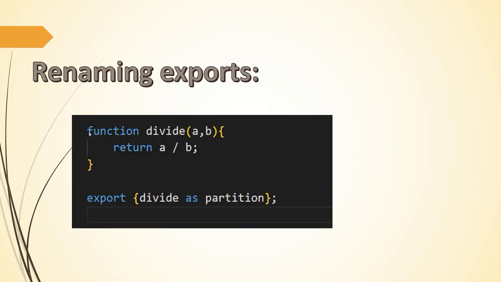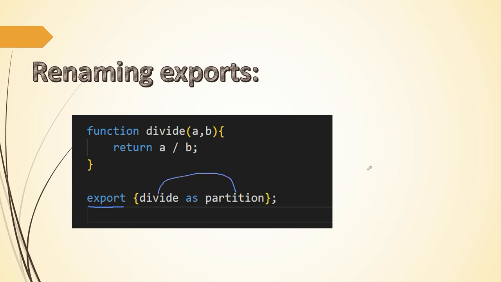Let's talk about renaming the export. We can have the export keyword before the function. We can have an export separately. If you want to export the function name with a different name as an alias, you can specify export divide as partition.